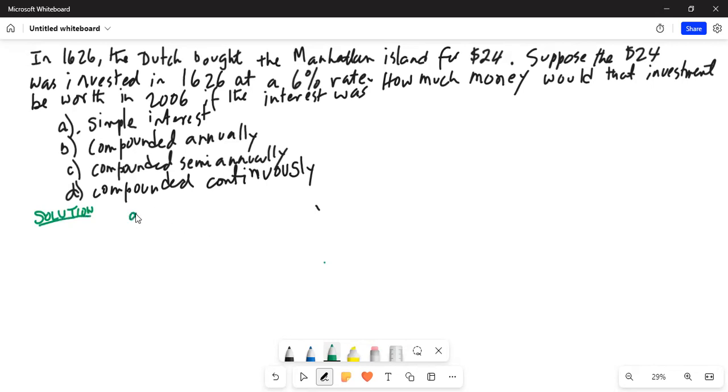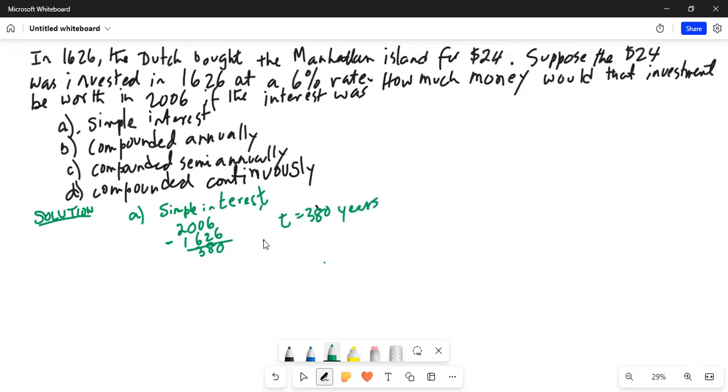So part A, simple interest. Now first, the year was 1626 and today is 2006. So 2006 minus 1626 is equal to 380. So T is equal to 380 years.